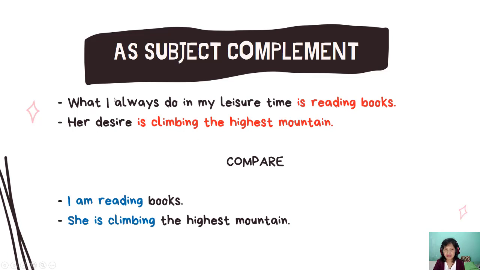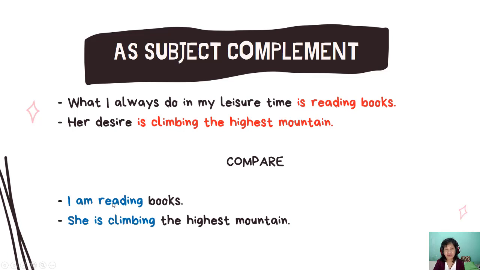We have this structure compared to this sentence: I'm reading books. What I always do in my leisure time is reading books. Subject and then to be and then verb 1-ing. Subject and then to be verb 1-ing. The same.